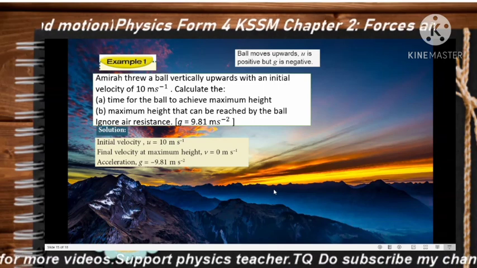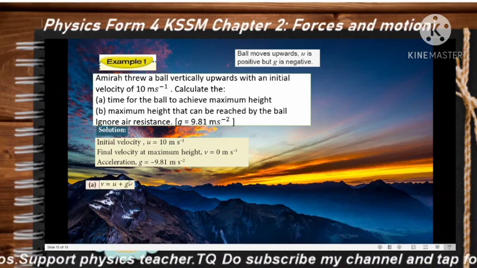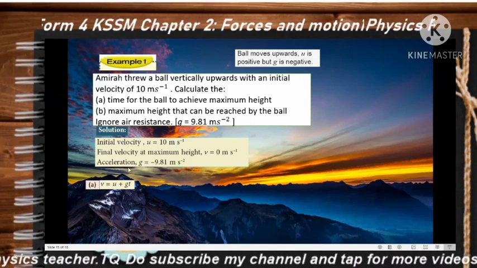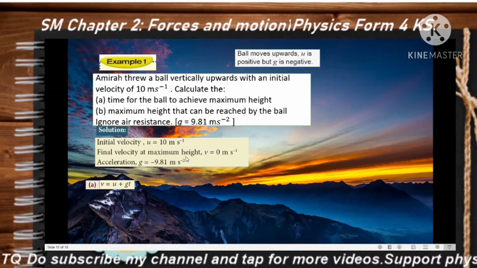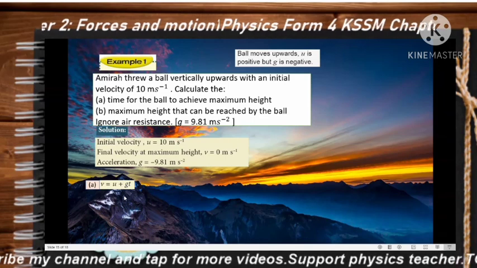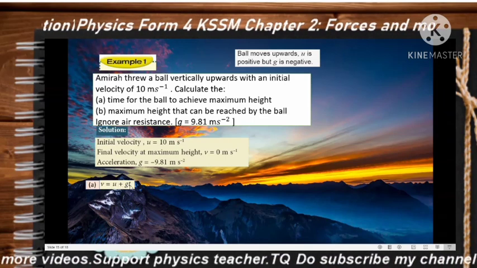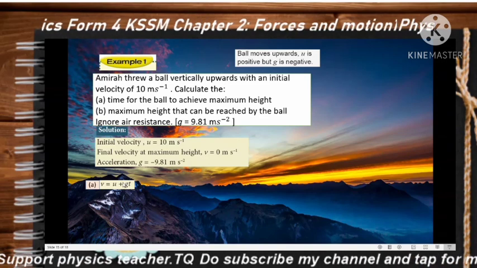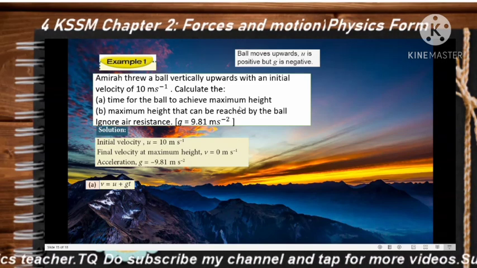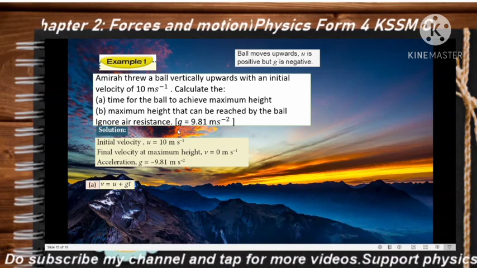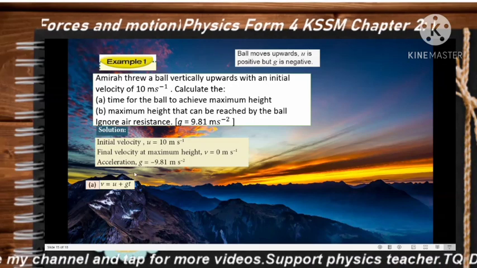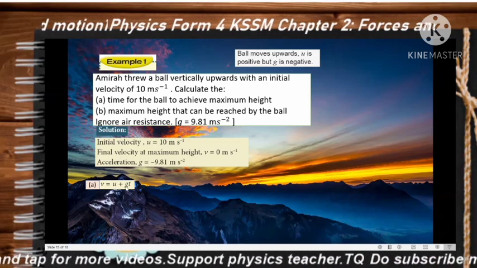So what formula can we choose to solve this one? We have all the information except s, no s. So we use the first equation, v = u + at. Now a we substitute with g, because this is a case of free fall under the influence of gravity pull. So v = u + gt.